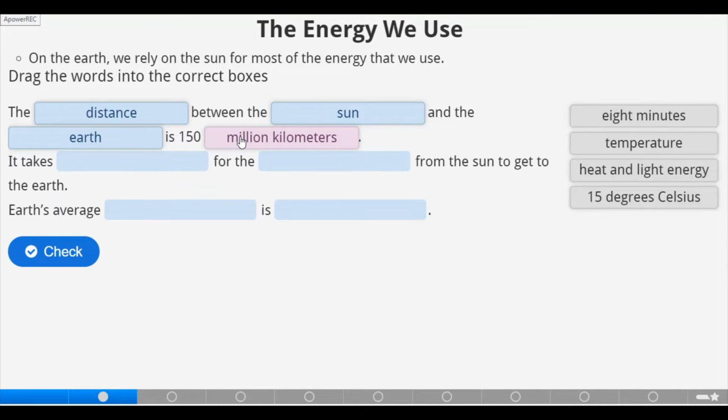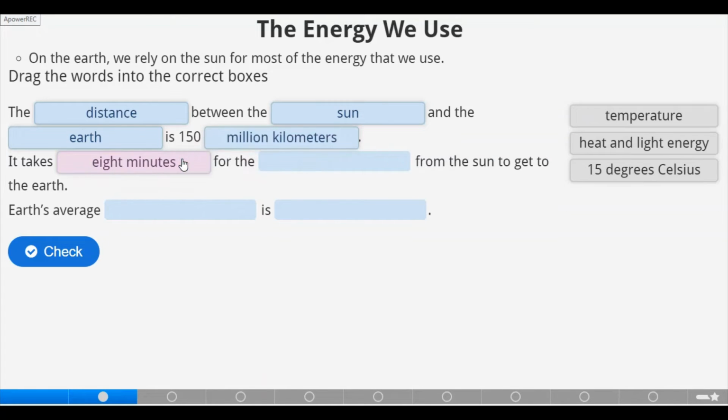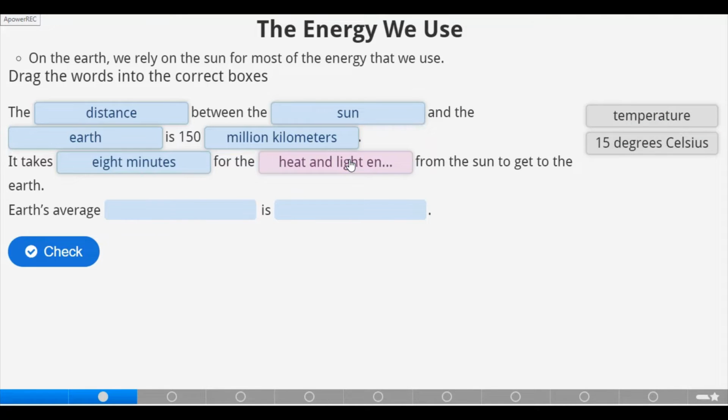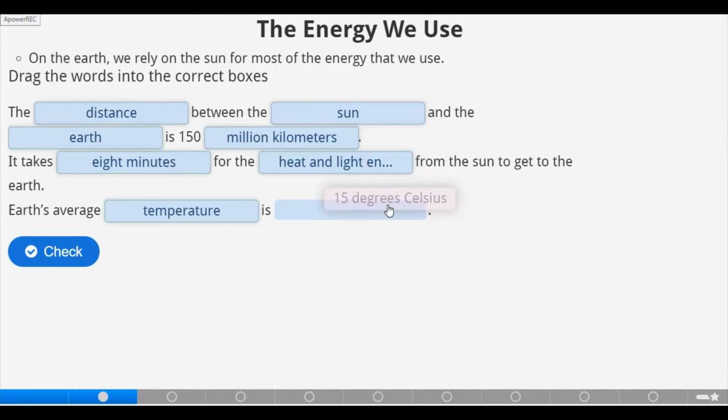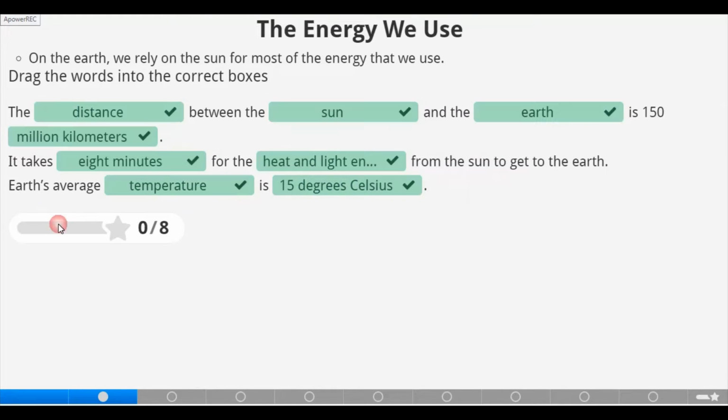It takes 8 minutes for the heat and light energy from the sun to get to the earth. At average temperature is 15 degrees Celsius. So we check. Correct.